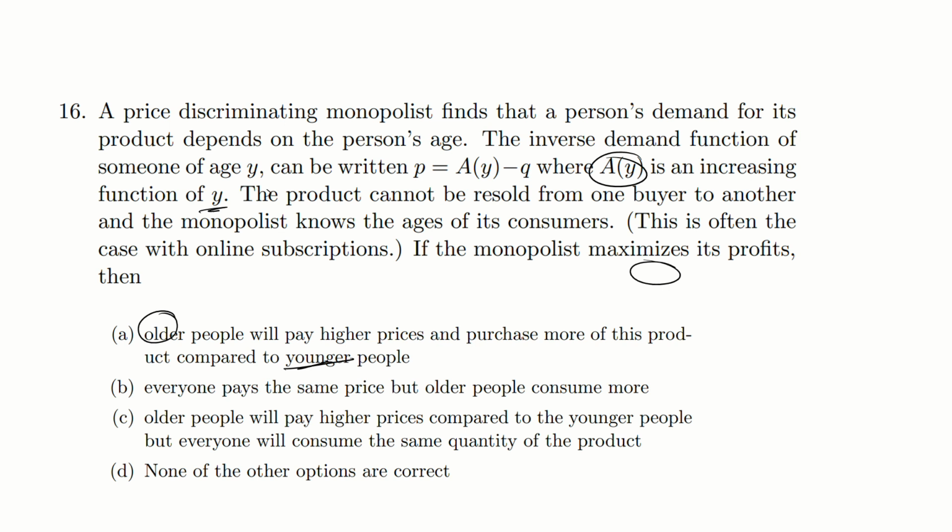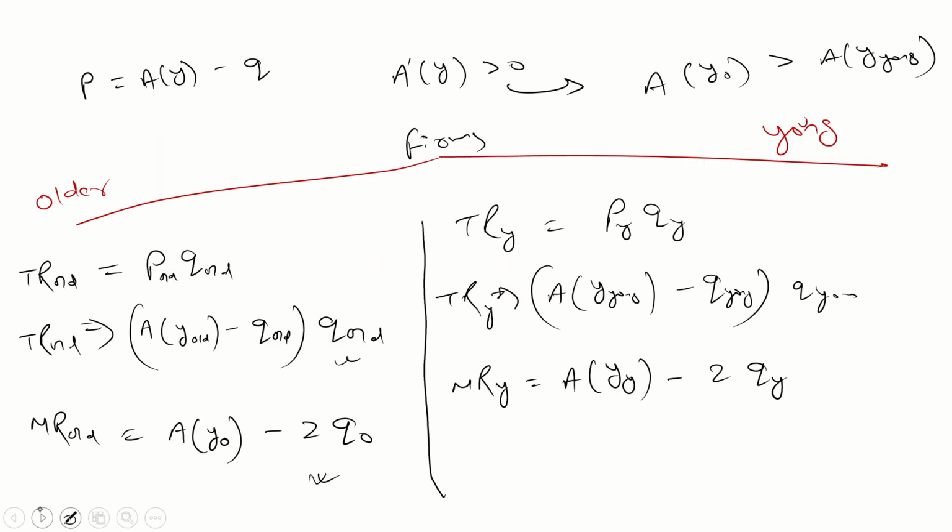Okay, this is the condition when the firm operates in the old and young periods. Suppose at the equilibrium point, the older age marginal revenue and the younger age marginal revenue are the same, then what should be the relation that we will get?